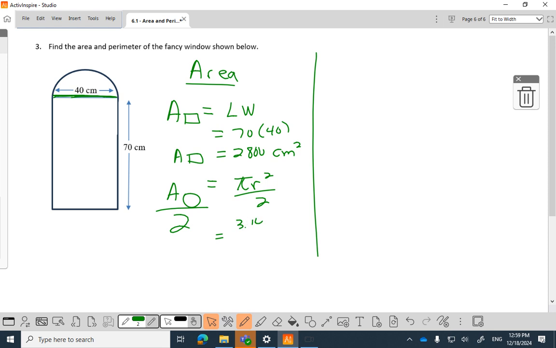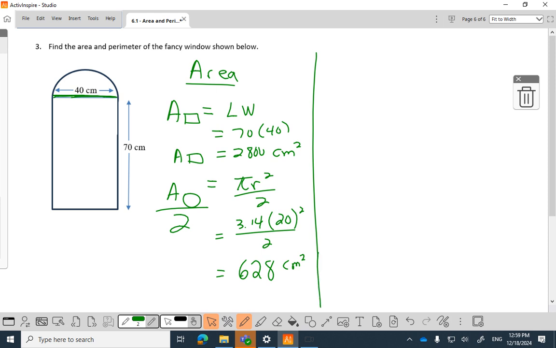What's the radius here? 20. Good catch. 20 squared. Divide that by 2. Punch it in your calculator. 3.14 times 20 squared divided by 2. I get 628 centimeters squared.